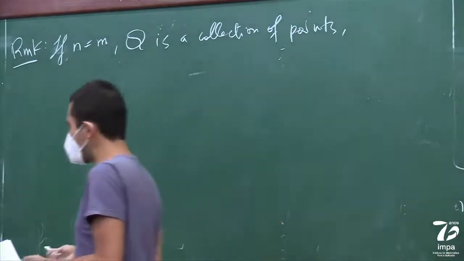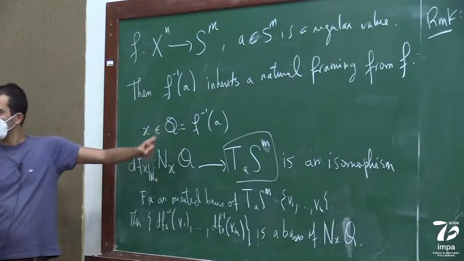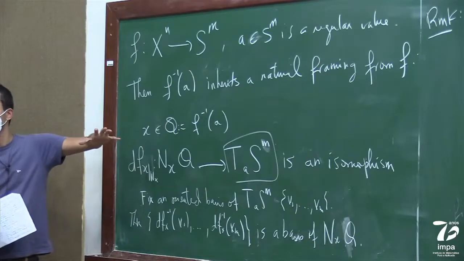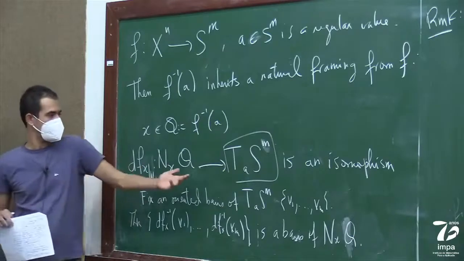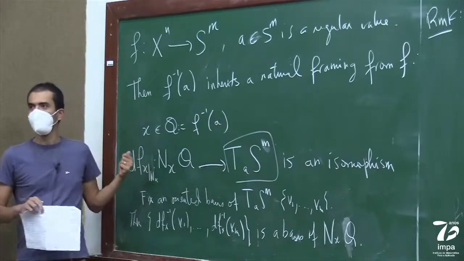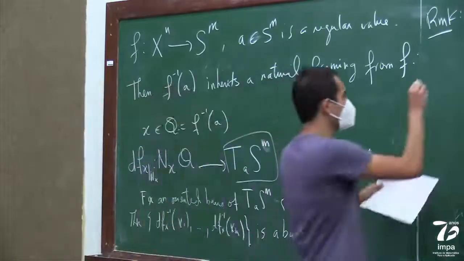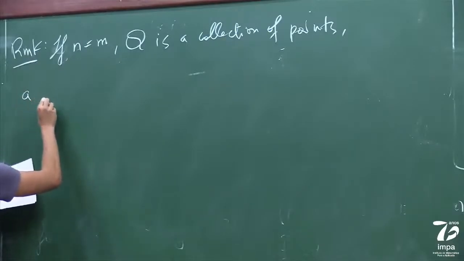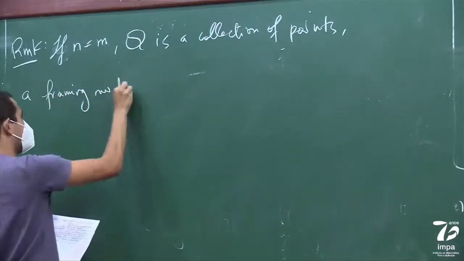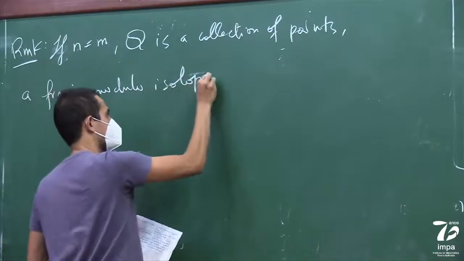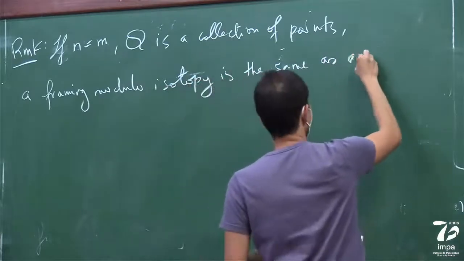A framing is going to be the same as a choice of orientation, because if I take a point, the normal bundle to the point is the whole tangent space. And you see that this procedure is going to be exactly the same as how we induce the orientation on the tangent space of X. So if Q is a collection of points, a framing modulo isotopy is the same as an orientation.